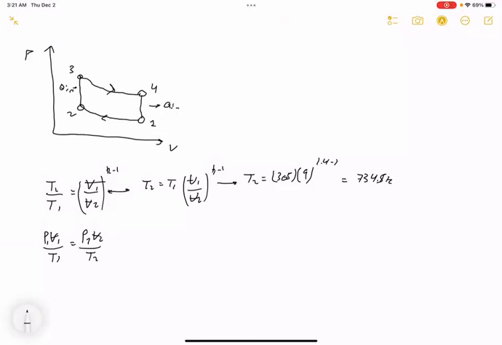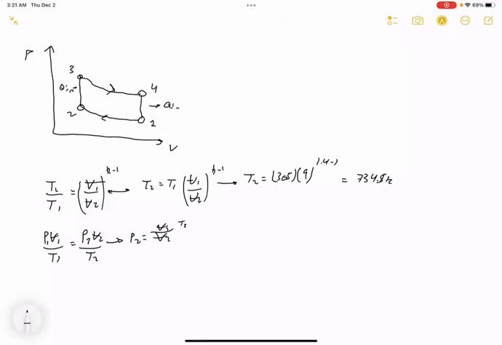And what do we know here? Well, actually, we don't know V1 or V2 individually, but if we can express them as a ratio, that's, again, the compression ratio, and that's good. We know T1, we know T2 because we just found it, and P1 was given in the question as 100 kilopascals.